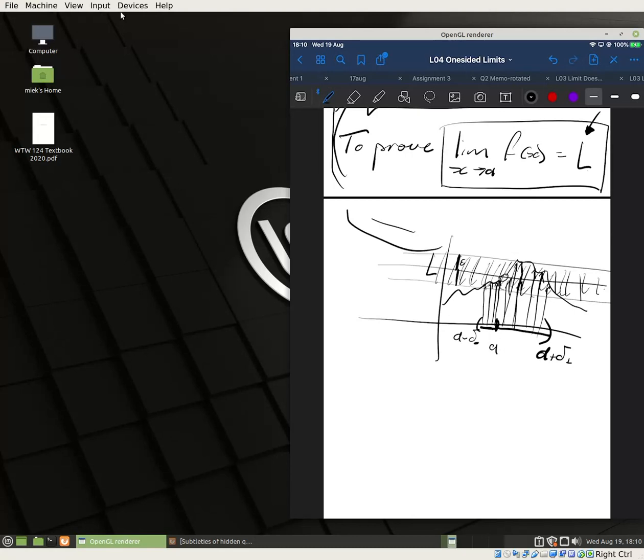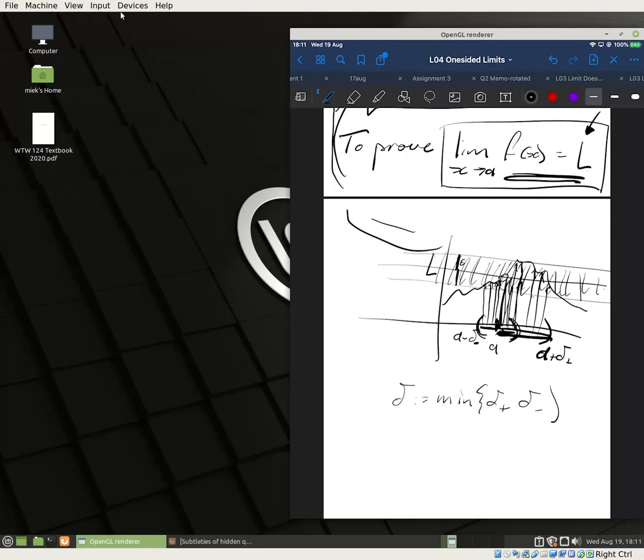And then what do we do? Remember, over here we must construct a delta, a specific delta. We just take the minimum of delta plus and delta minus. So we set delta to be the minimum of delta plus and delta minus, because if you are in here in this interval, then you're automatically in that interval.